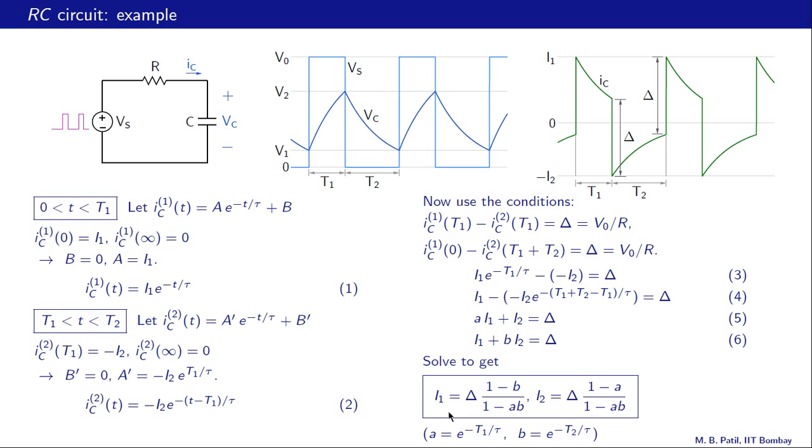I1 turns out to be this expression here, delta times (1 minus b) by (1 minus ab), and I2 is delta times (1 minus a) by (1 minus ab), where a is e raised to minus T1 by tau and b is e raised to minus T2 by tau, as we saw in the last slide.